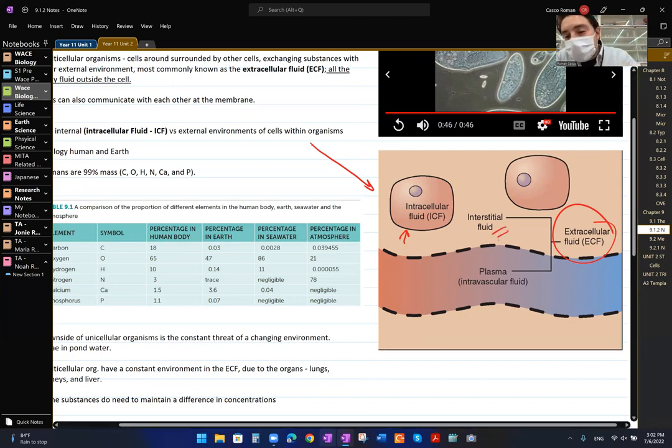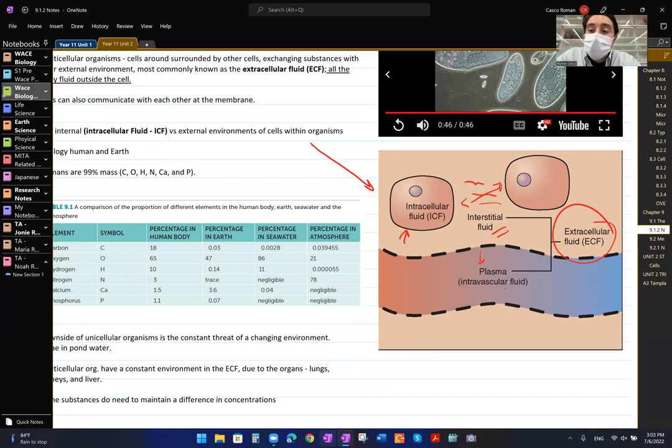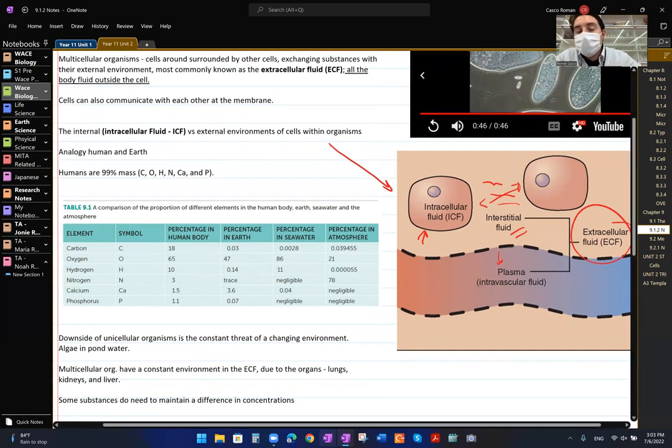The interstitial fluid, basically the liquid that is in between two cells, and some fluid that is in blood vessels for multicellular organisms that is called plasma. Ultimately, for you guys, all you need to know is extracellular fluid, because it does get a little bit more in depth.